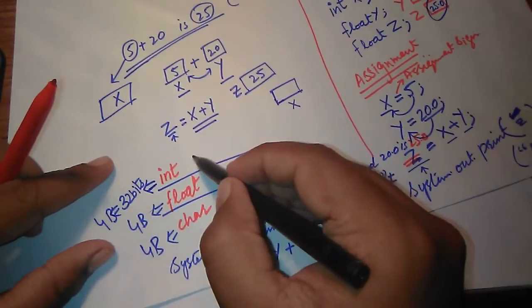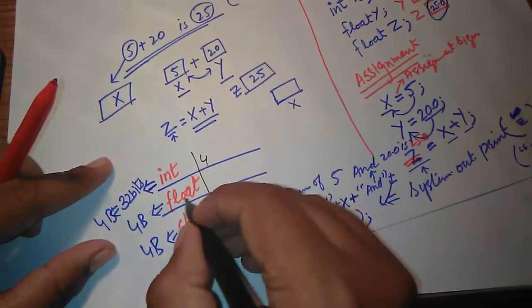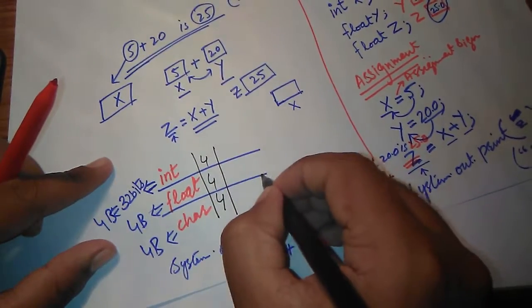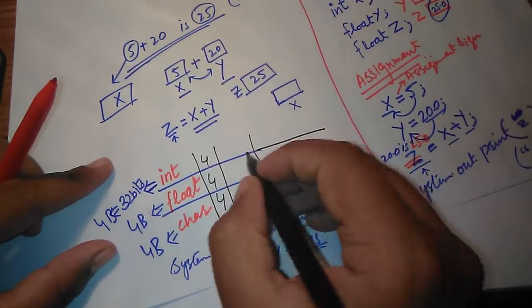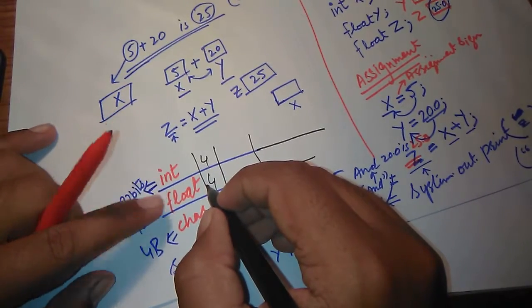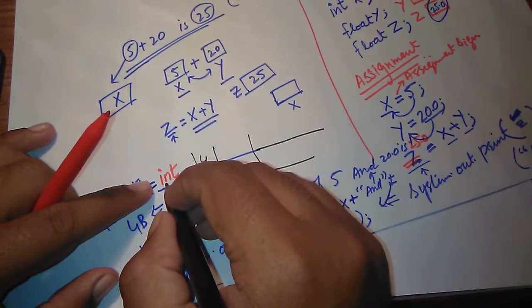These were simple. The size was 4 bytes for this one, 4 bytes for this one, and 4 bytes for this one. Now I am going to discuss shortening things: how I can shorten or lengthen this size according to the requirement, according to the limit.